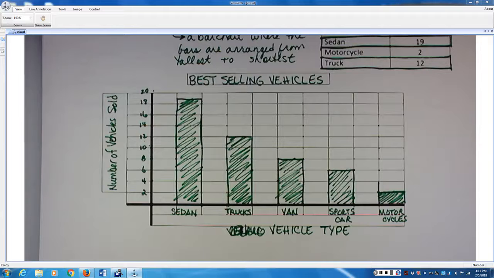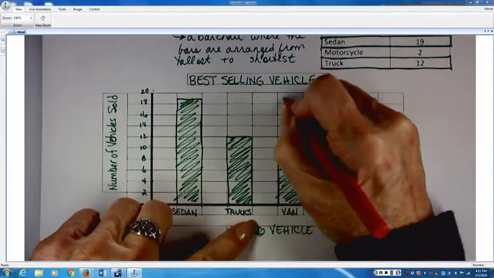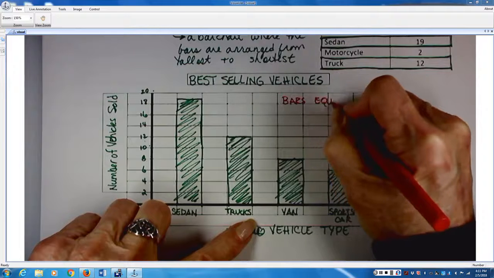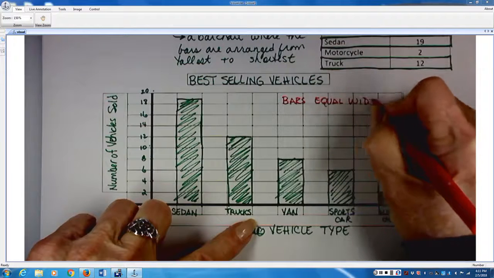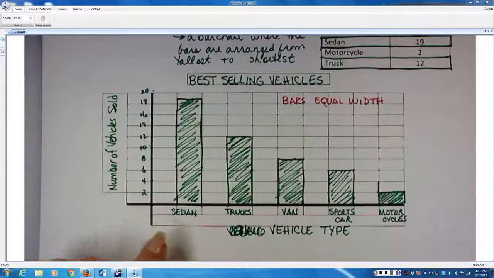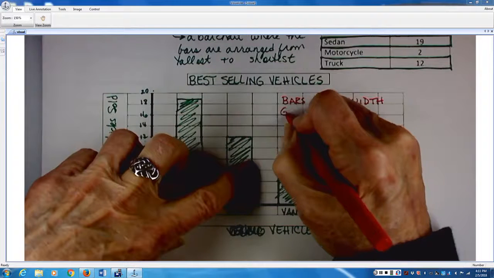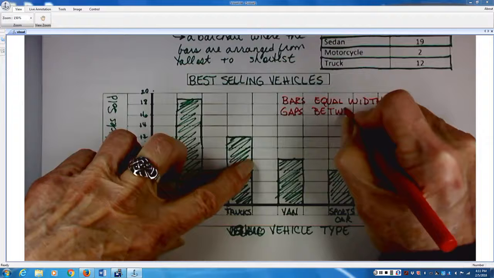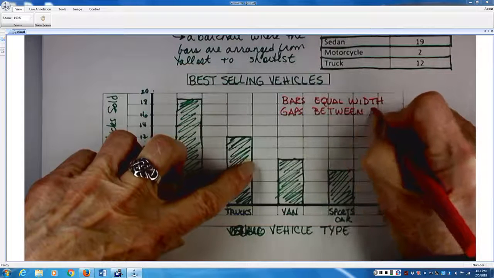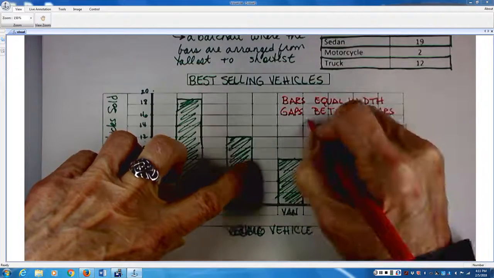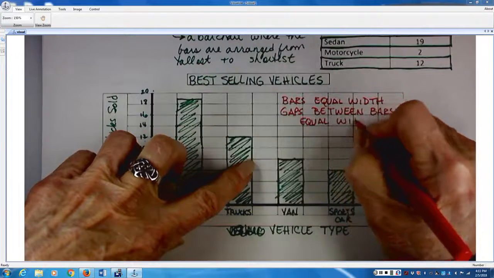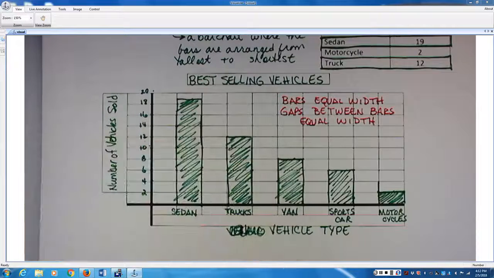So key things to remember here. Your bars are equal width. Gaps between the bars are equal width.